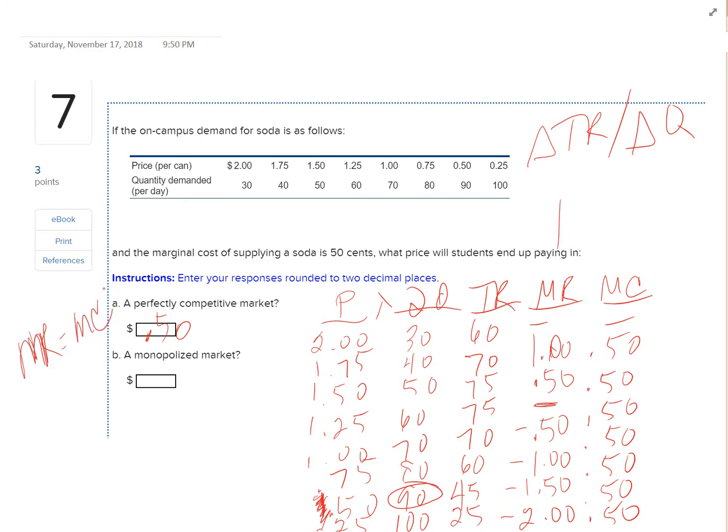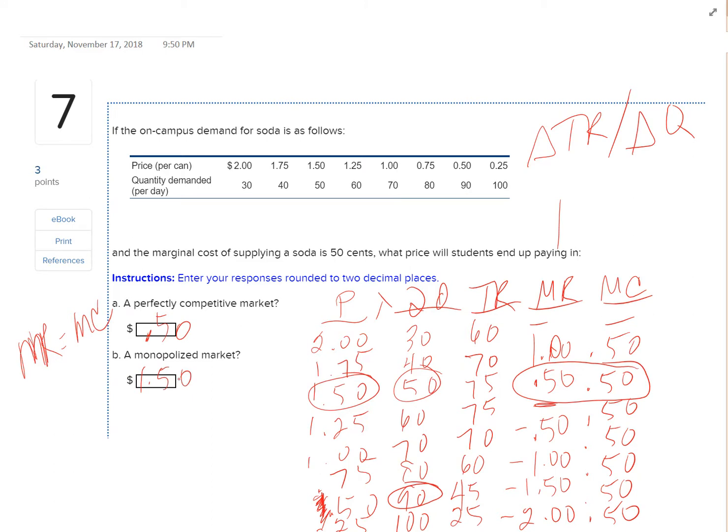The monopolized market, however, is still going to produce where MR equals MC, but we're going to look for where marginal cost equals marginal revenue. So it's going to be here in this case, and they're going to be producing 50 units and selling them for $1.50.